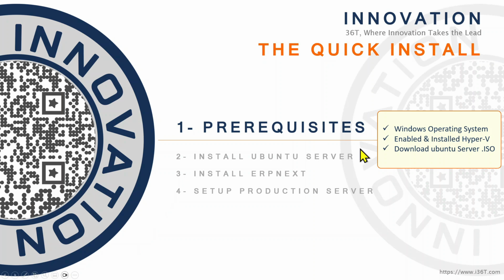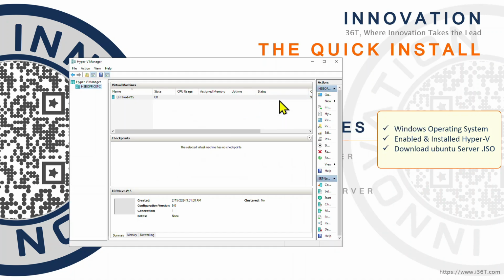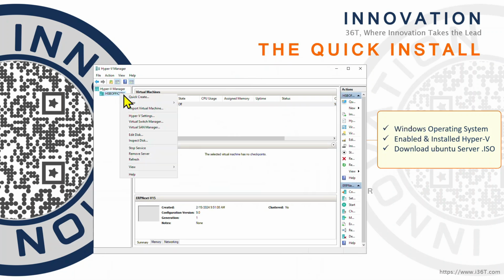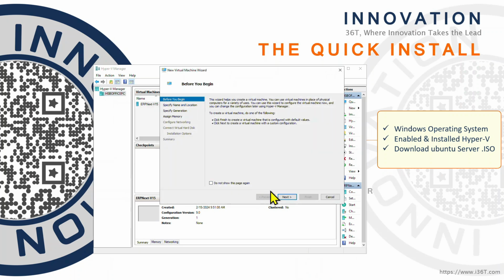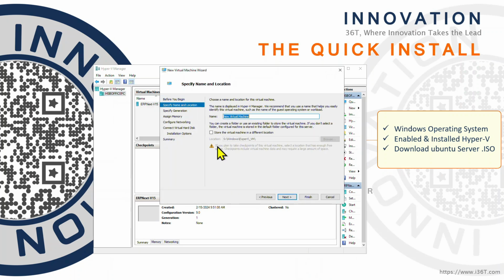I will go through my Hyper-V. I will just right click, create a virtual machine, click next. I will just name it i36T.